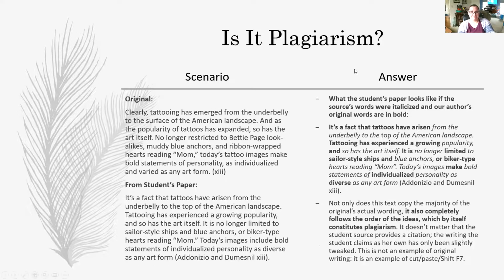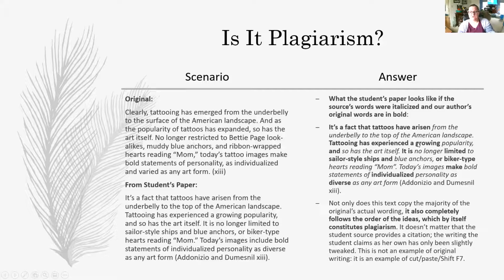Next scenario. So we have another passage here about tattoos. We've decided we want to use this information as well. You can see here how it shows up in the student's paper, how they incorporated that information. Is it plagiarism? Let's look over here at our answer column.